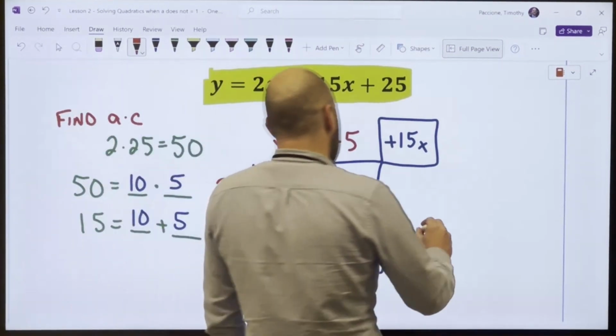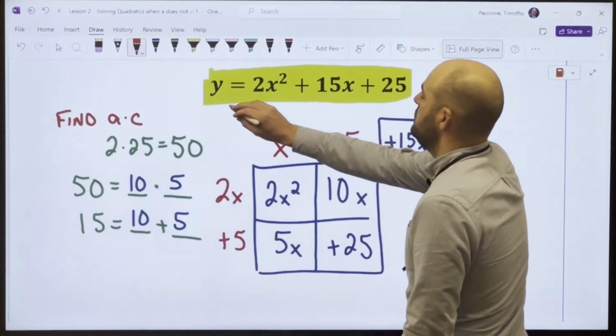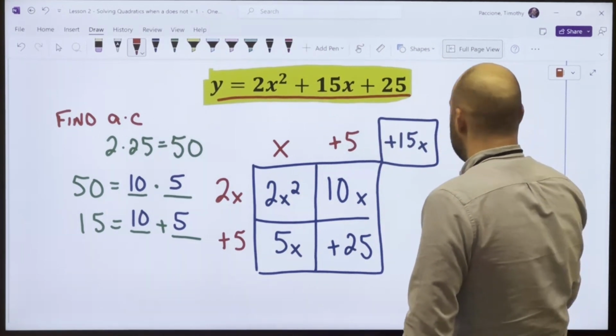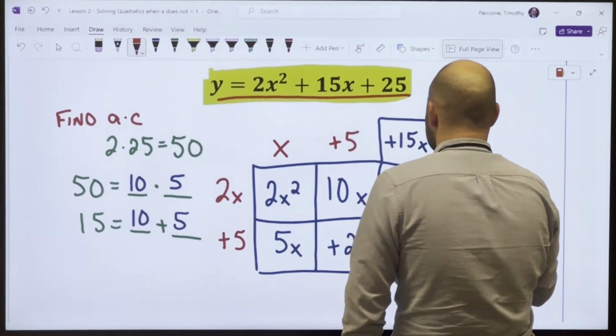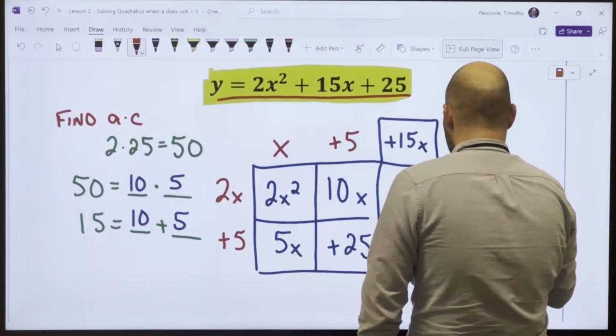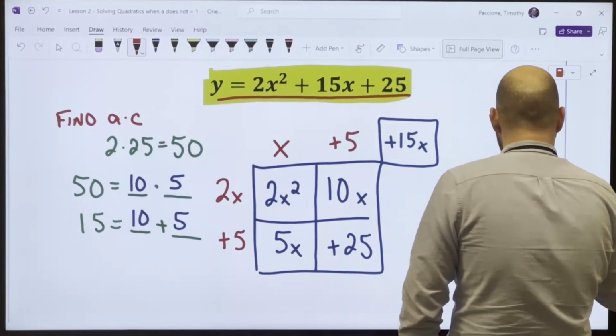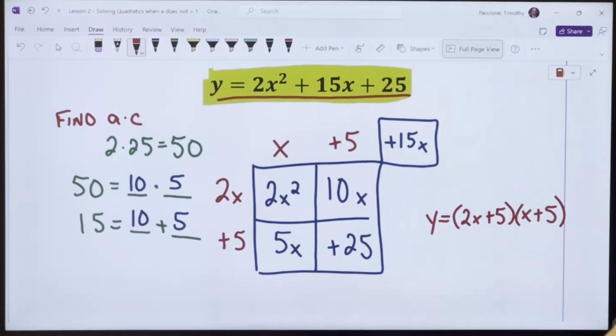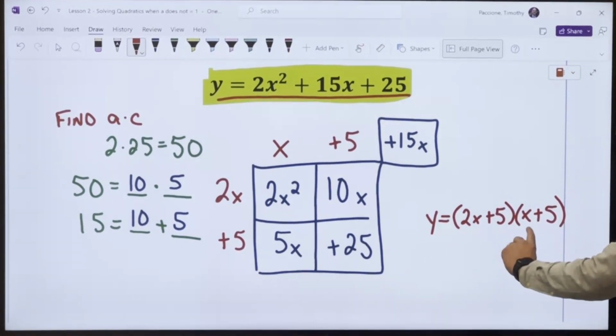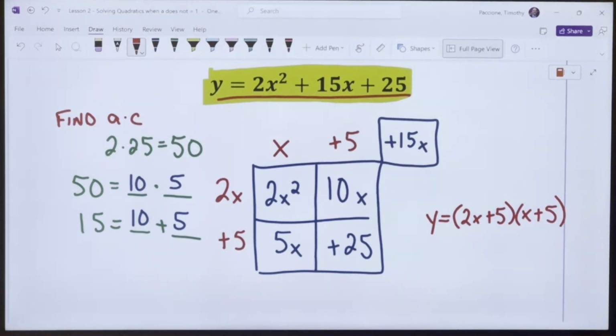Now I know that this equation right here can be rewritten as y equals 2x plus 5 and x plus 5, right? And you can check your work. If you FOIL this back, it would be 2x squared plus 5x plus 10x plus 25, and that would give me everything I needed for my original equation.